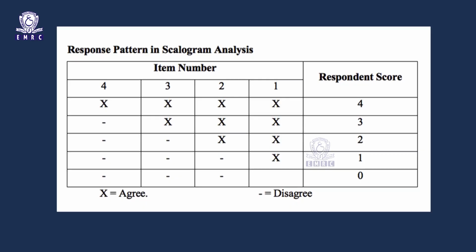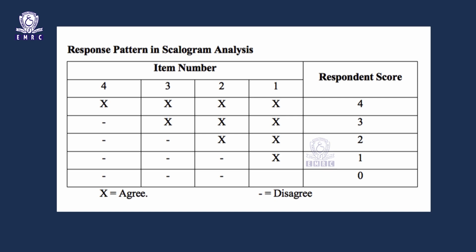If you see, we have 4 items and we have also taken the respondent score. If the respondent is going to agree with item number 4, then he is also going to agree with item number 3, 2 and 1. That means the respondent score is 4. And if the respondent is not going to agree with item number 4, but he is going to agree with item number 3, 2 and 1, then his score will be 3.